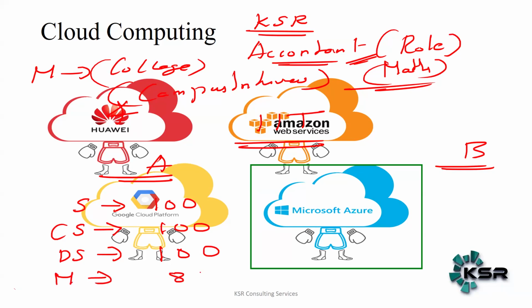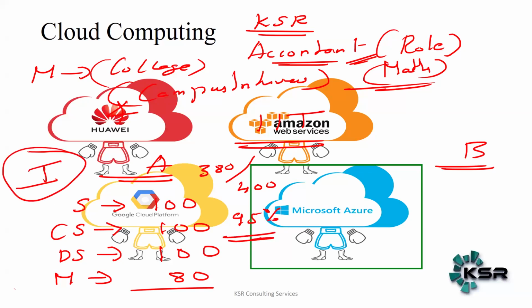So the total score is 380 out of 400, and the percentage is 95%. He's a first rank student.